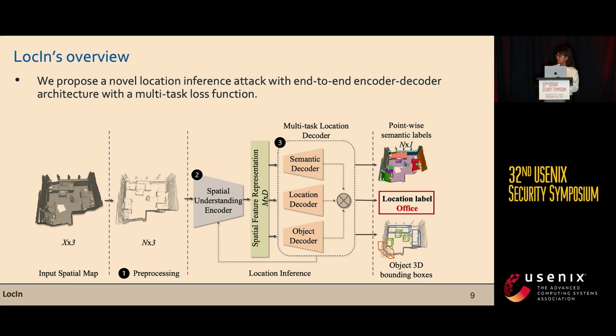The second component is an object decoder that performs 3D object detection using the spatial feature representation to identify the bounding boxes for any objects present in the user's environment and assign labels to them. Lastly, the semantic decoder performs a fine-grained understanding of the type of objects and surfaces present in the environment by generating point-wise semantic labels for each point in the spatial map.